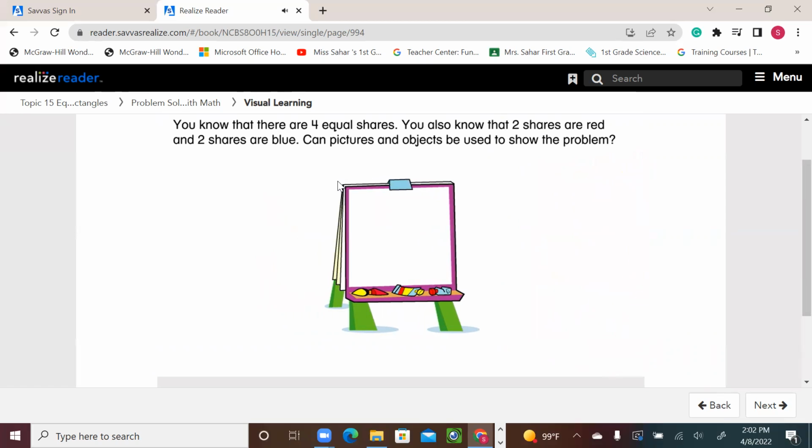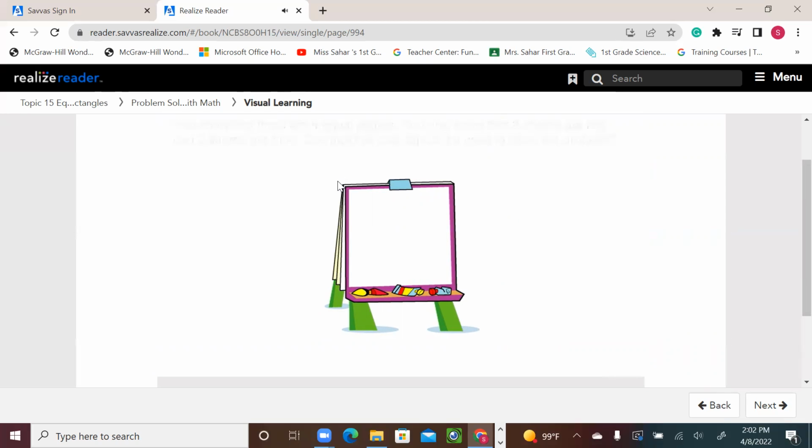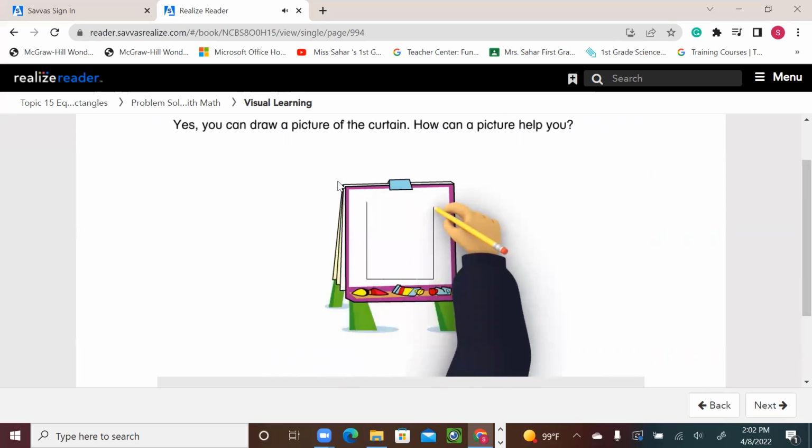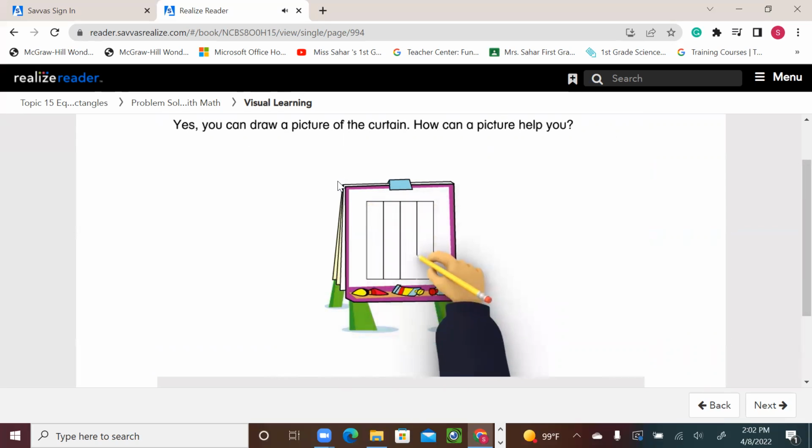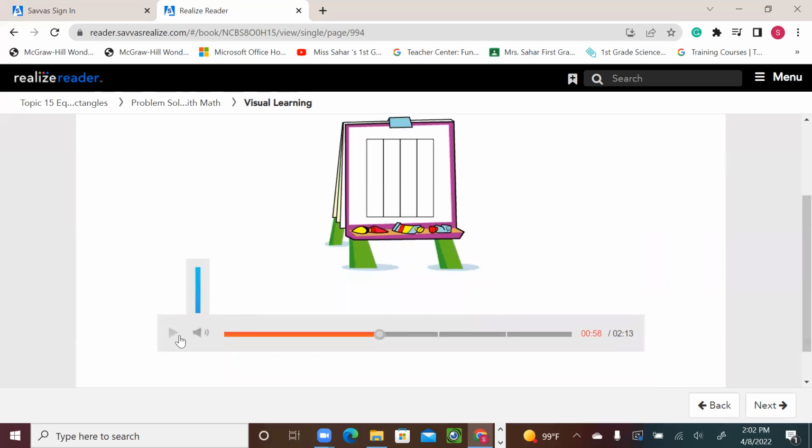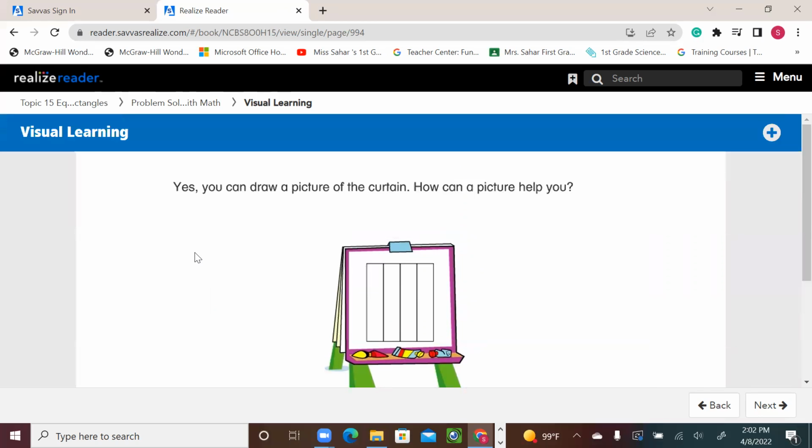Can pictures and objects be used to show the problem? Yes, you can draw a picture of the curtain. How can a picture help you? It will help you to understand and solve the problem. And also seeing how many shares in blue and how many shares in red.